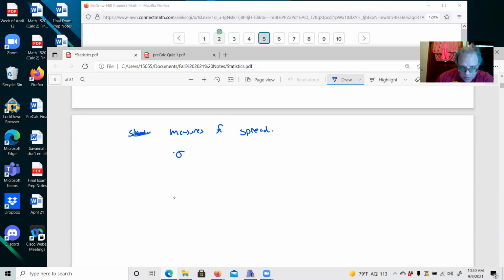So sigma or S, right? The square root of the sum of (X minus mu) squared, and for the sample, the sum of (X minus X bar) squared divided by n minus 1.